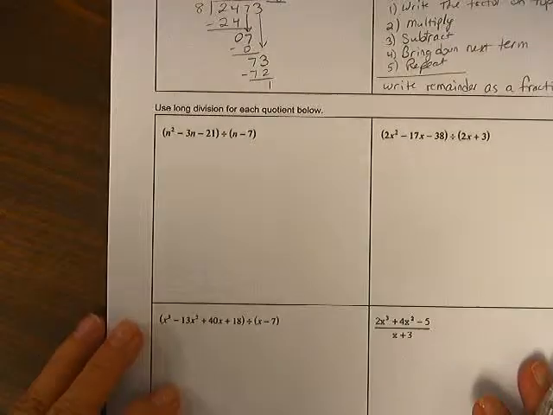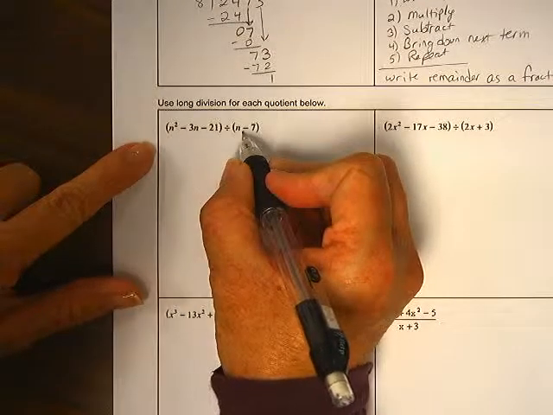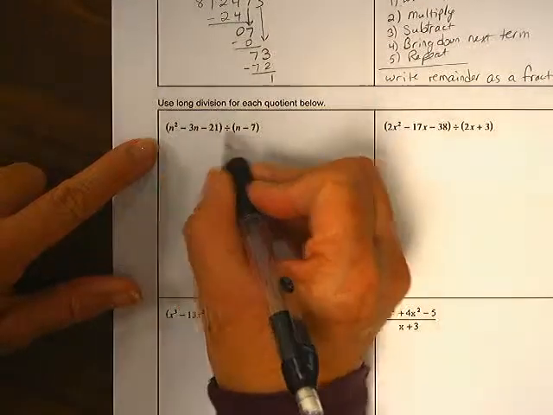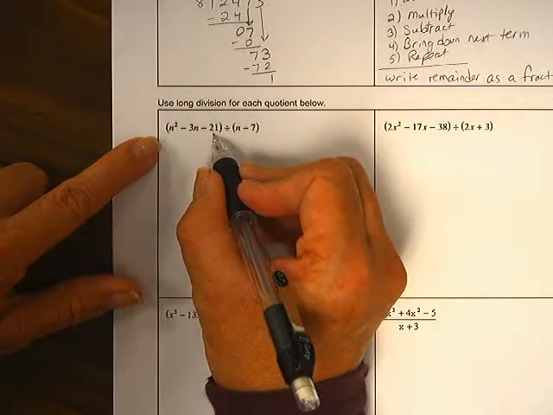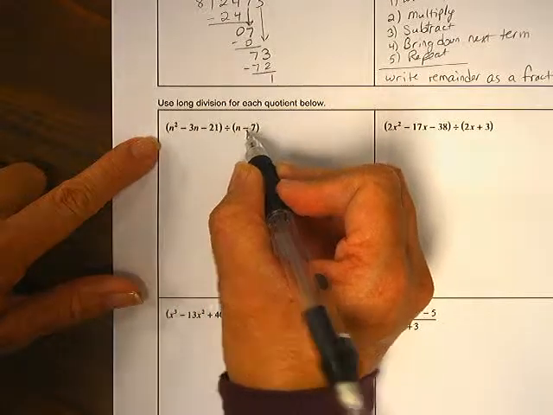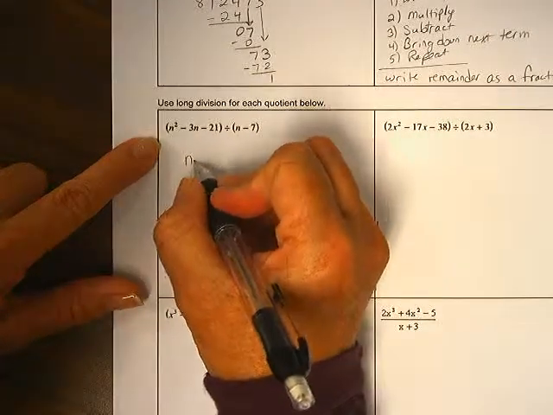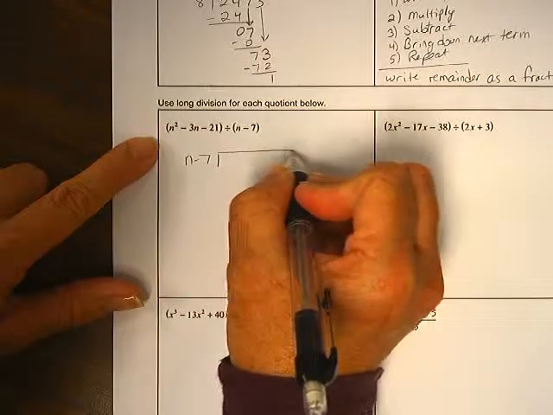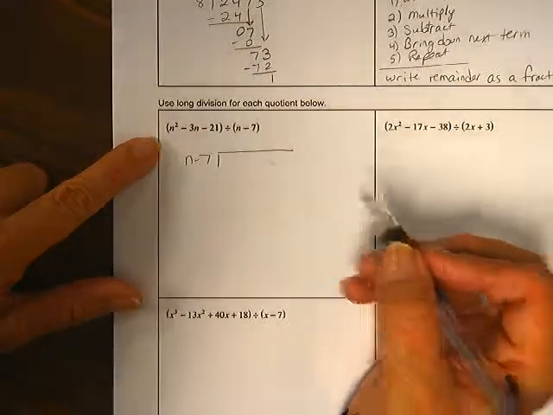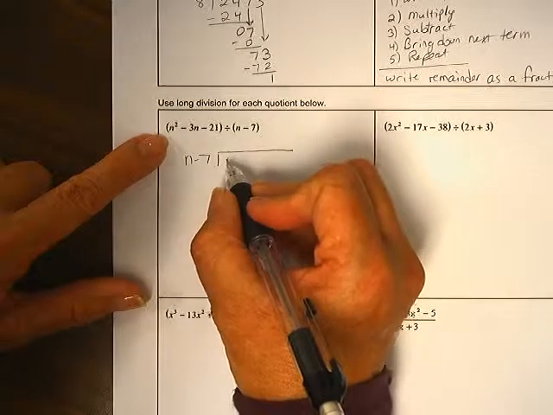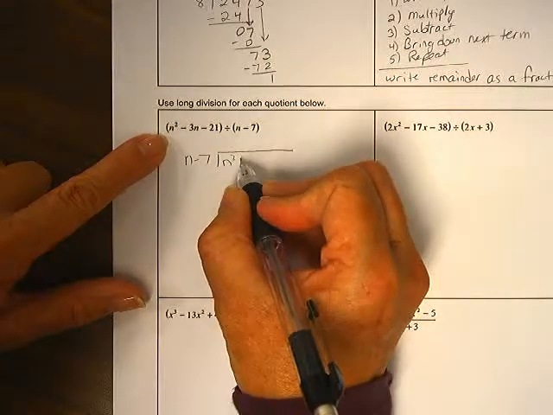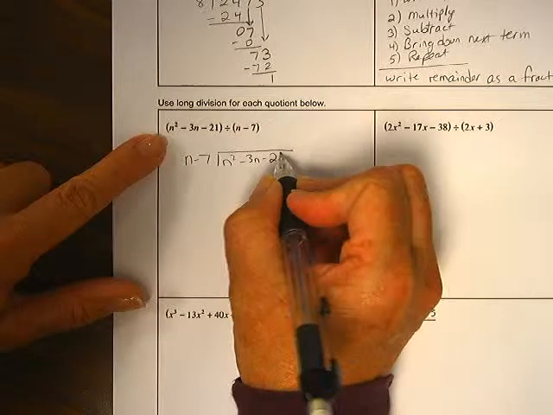Okay, so let's take a look at this first one. We have n minus 7. We want to divide n squared minus 3n minus 21 by n minus 7. So the n minus 7, put exactly where we'd put the 8. And under our divisor, we put the term we are dividing, n squared minus 3n minus 21.